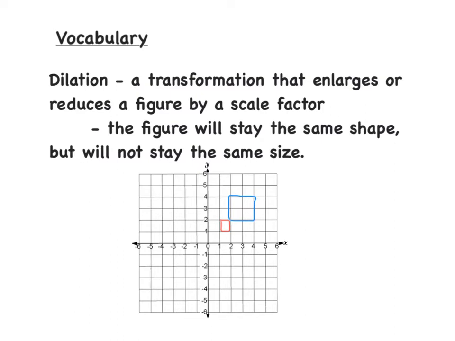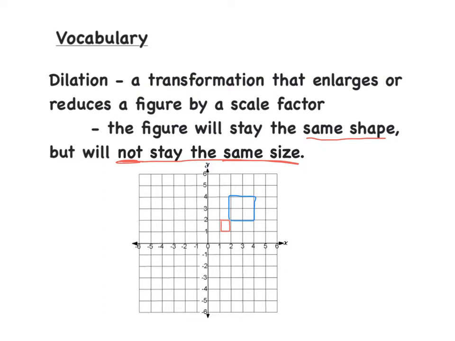In a dilation, the figure stays the same shape, but not the same size. It will not stay the same size. In the below example, I drew a little 1x1 square on a coordinate plane.